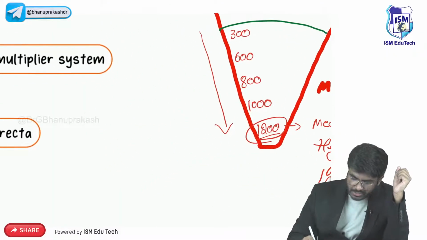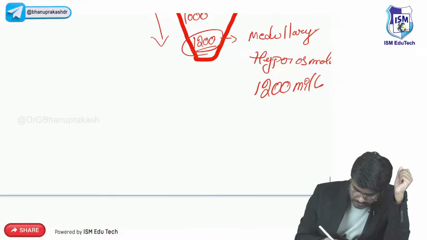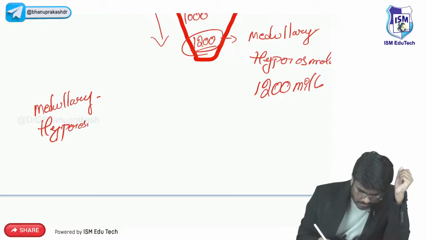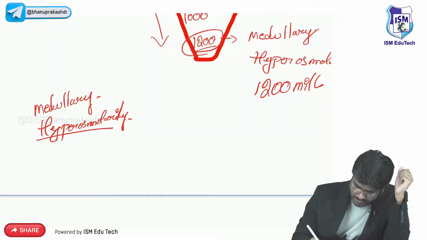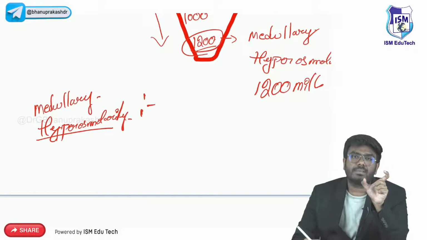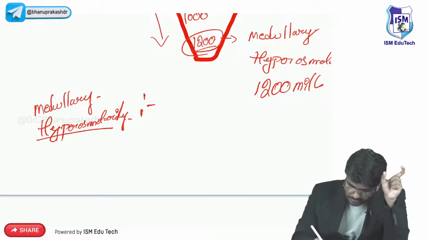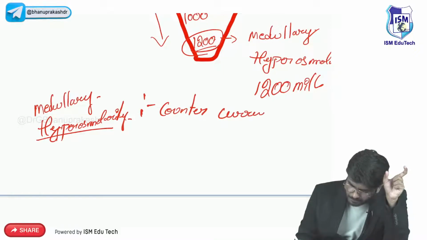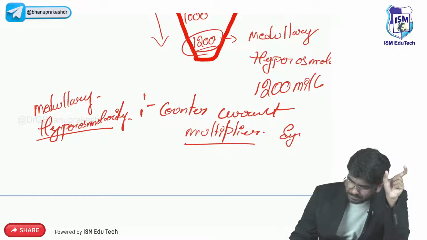This medullary hyperosmolarity is created by a system called the counter current multiplier system. MCQ.